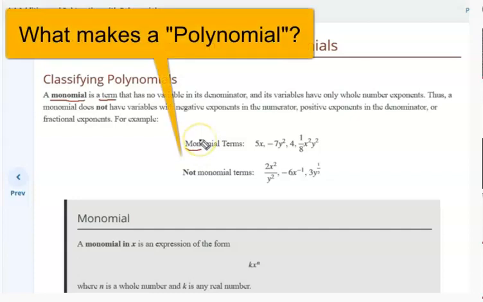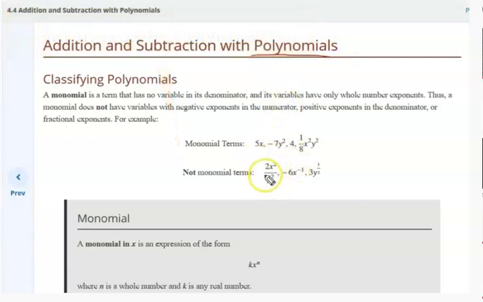Now, one of the questions they're going to ask you as we move along in this is, is something a true polynomial? And they give you some hints here. Now, this is not a polynomial or a monomial because it has a variable in the denominator. This is not a polynomial or subclass monomial because it has a negative exponent.